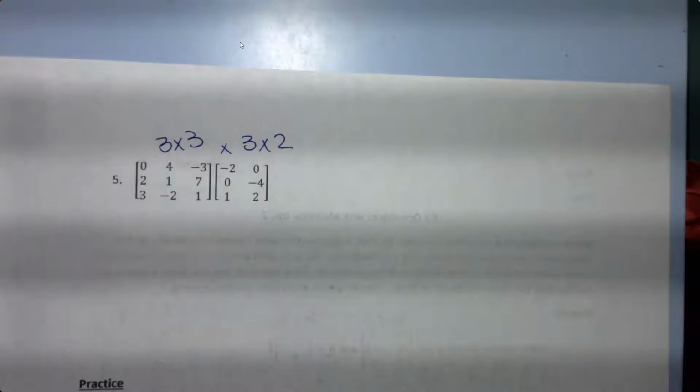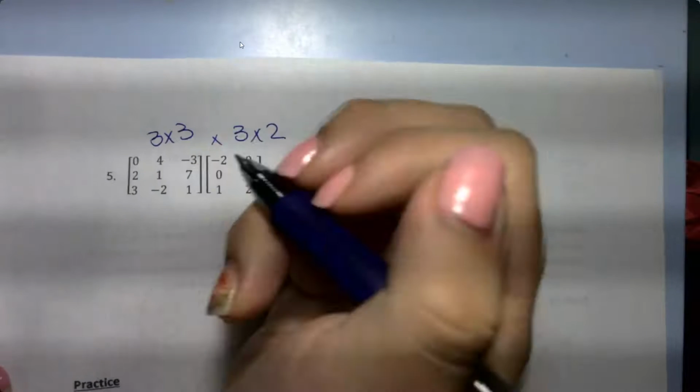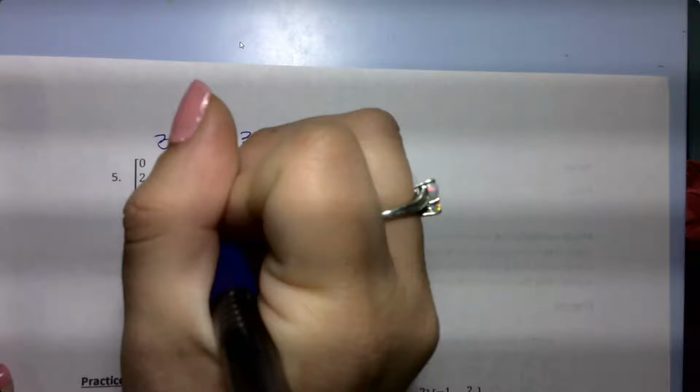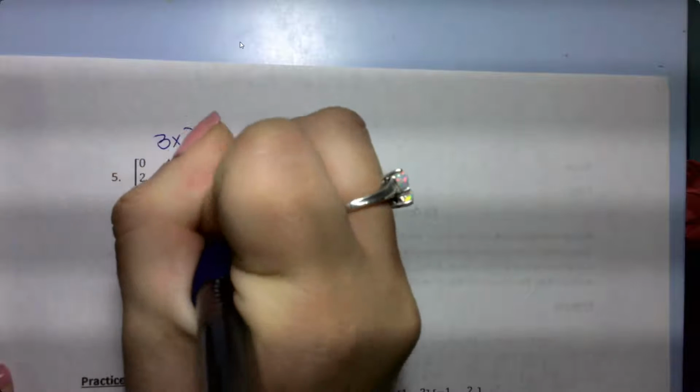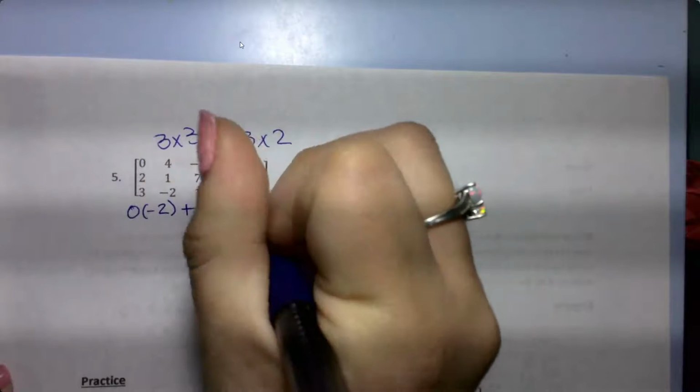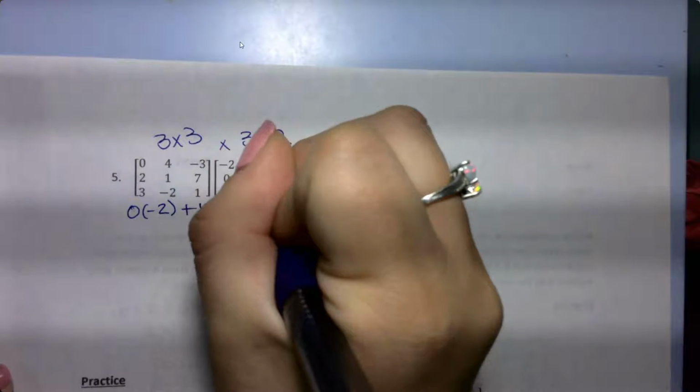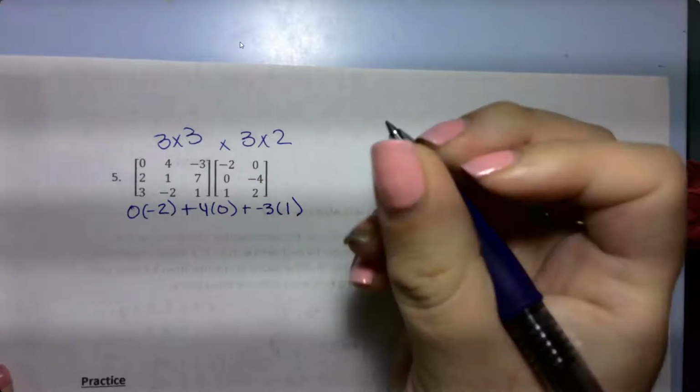I am going to do first row, first column. I have 0 times negative 2 plus 4 times 0 plus negative 3 times 1.